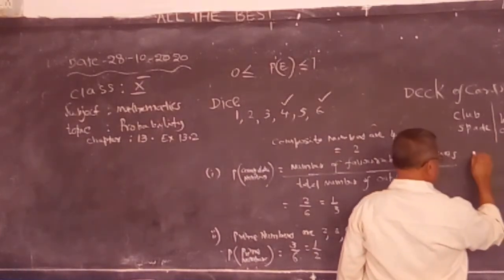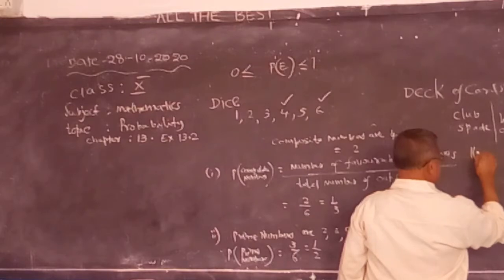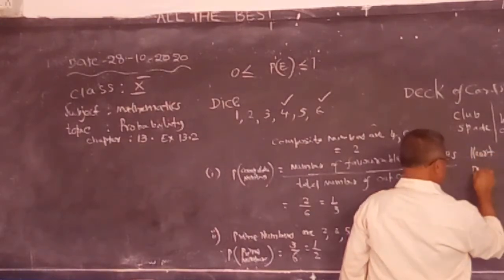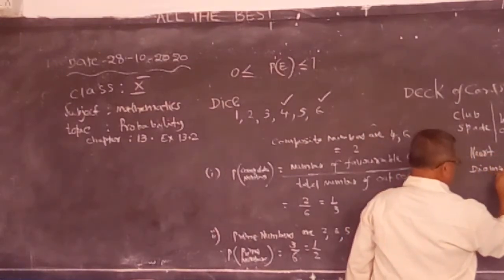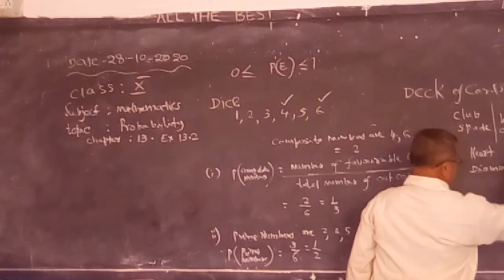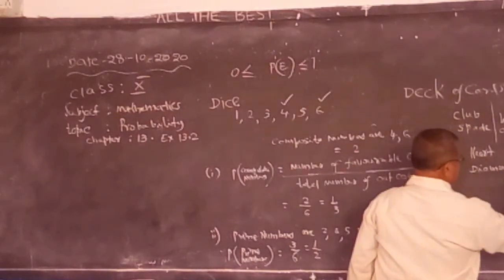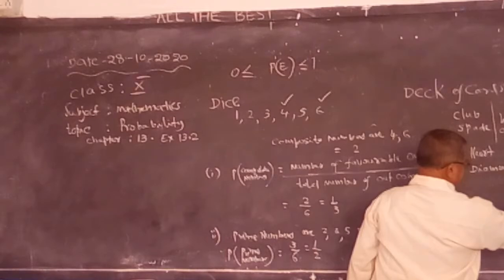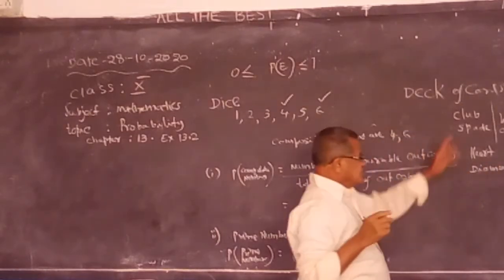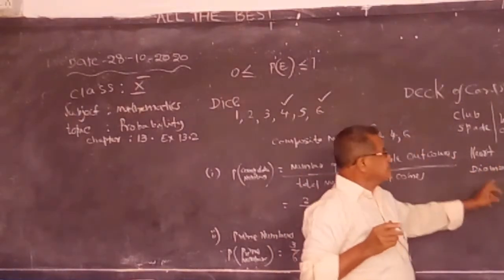And heart and diamond are red color. These are red color cards.